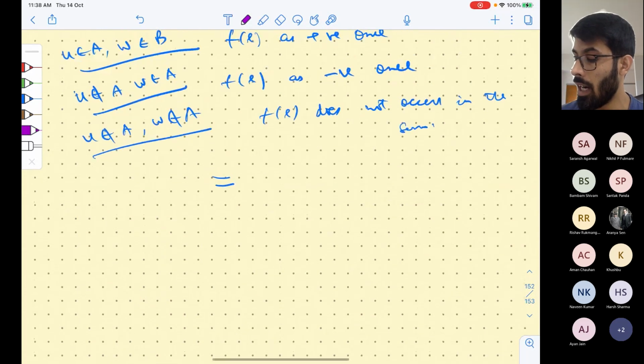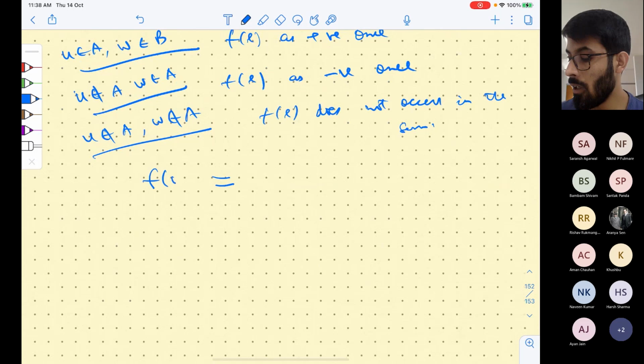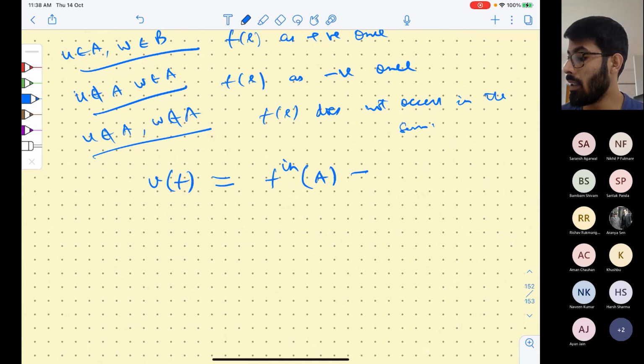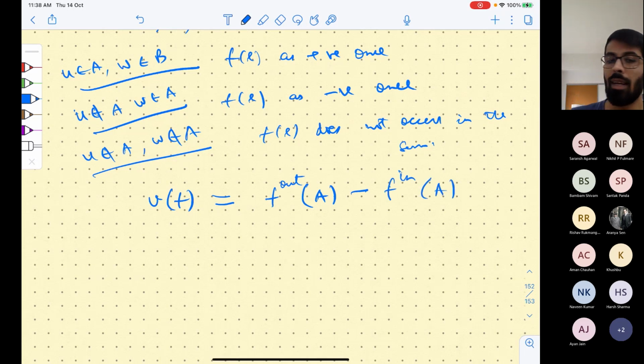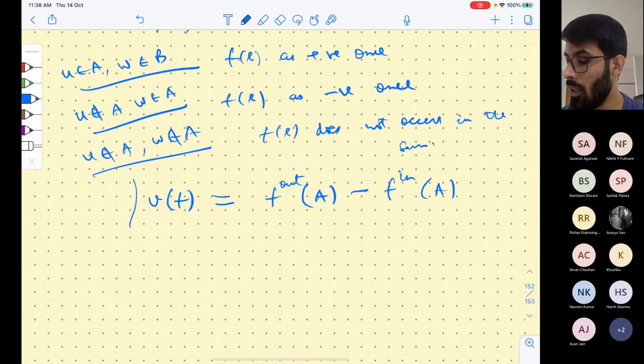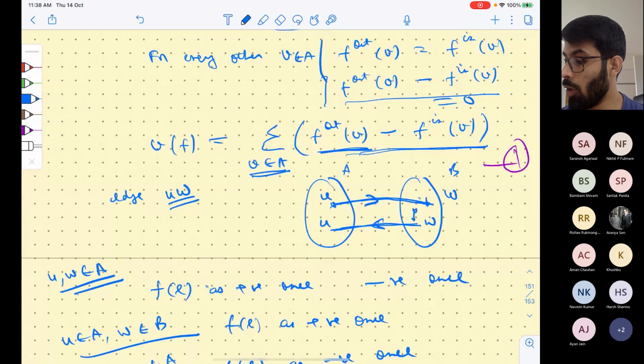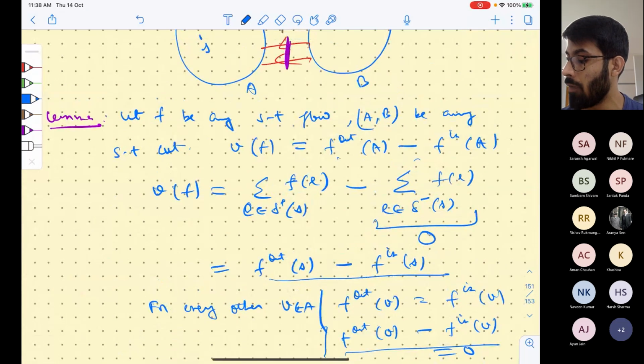So from 1 we get that V of F is equal to F out of A minus F in of A, because the outgoing edges occur as positive. I'm here skipping one step where I would write it in the summation form, but this is what it is. And this is what we wanted to show, that V of F is equal to F out of A minus F in of A.